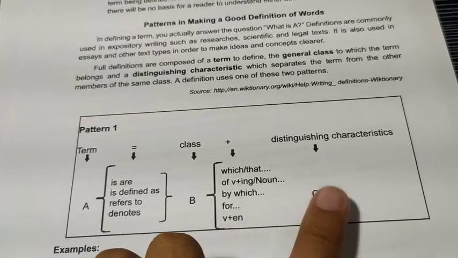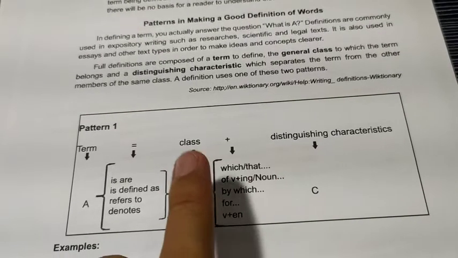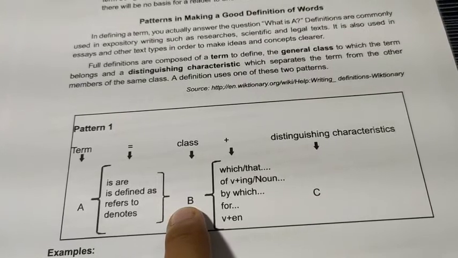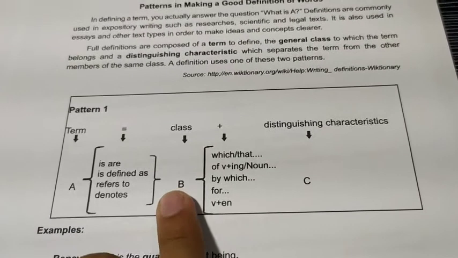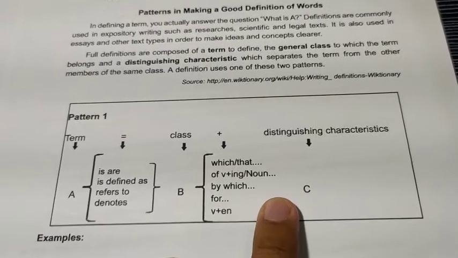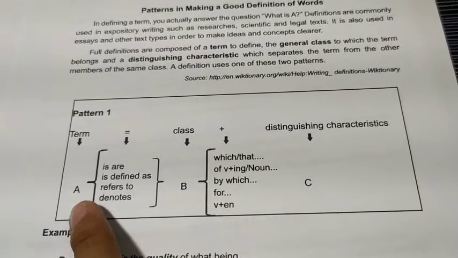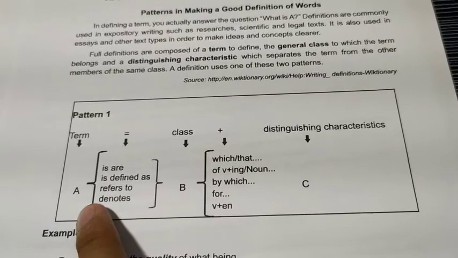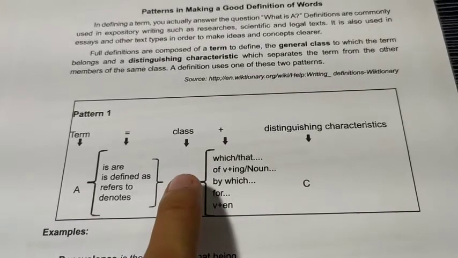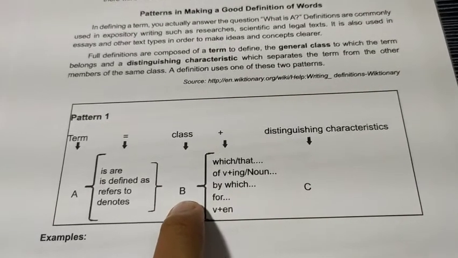Then C is the distinguishing characteristic. After telling what the class is, you will distinguish the characteristic that makes the term different from other terms of that class.